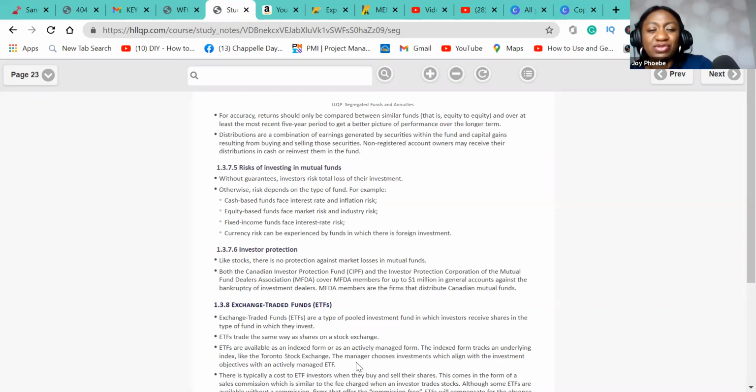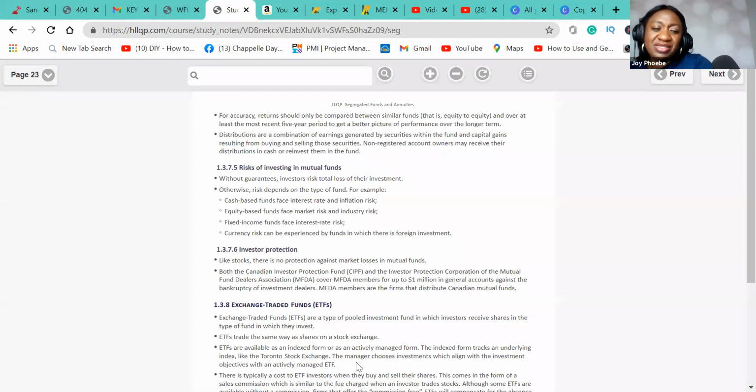Equity based funds, which are the funds that invest in stocks, face market risk and industry risk. Fixed income based funds face interest rate risk, right? So with fixed income, we're looking at the kind of funds that invest in bonds.